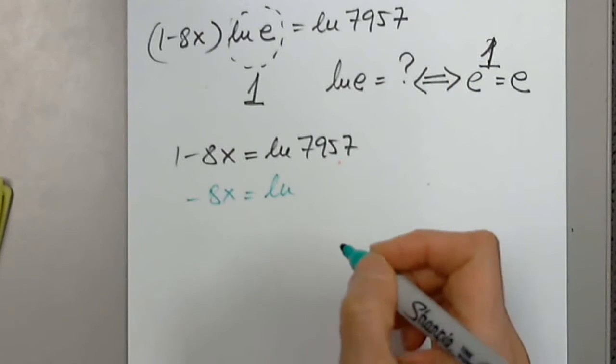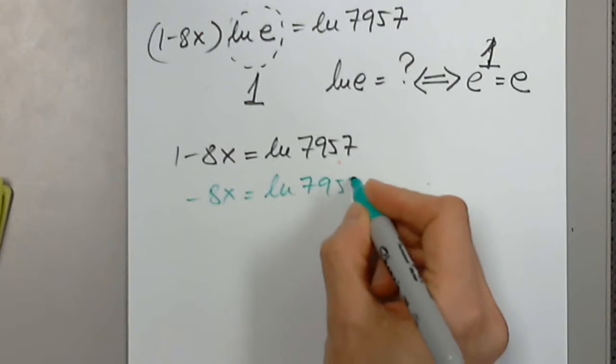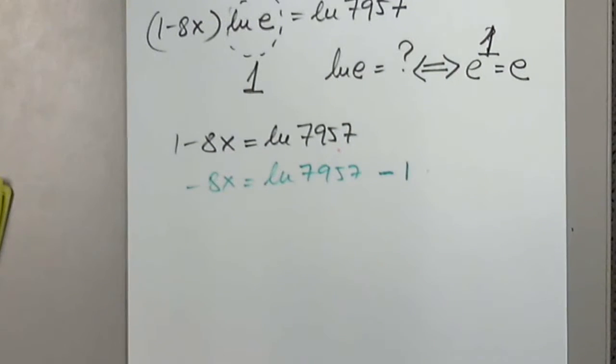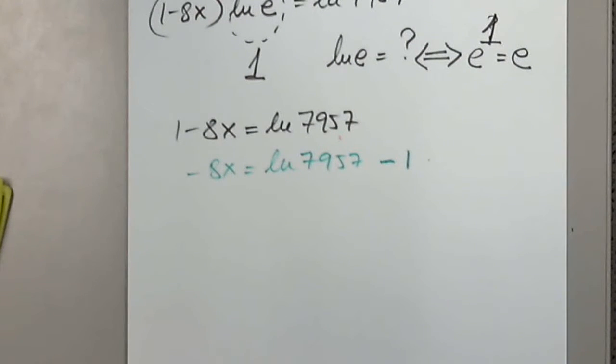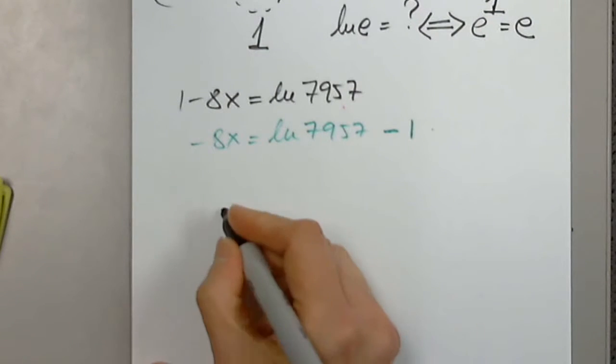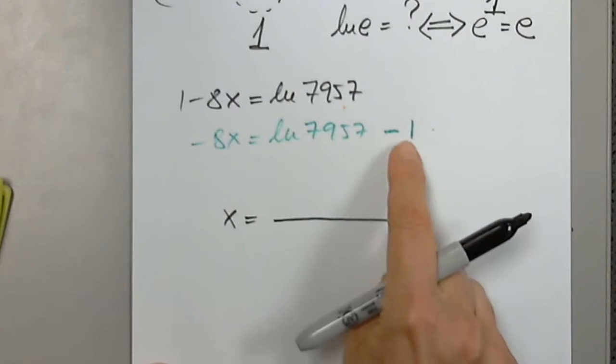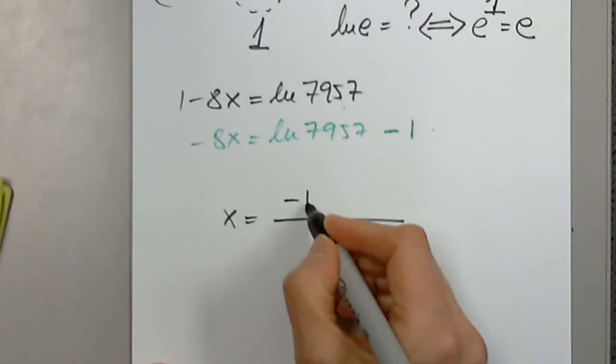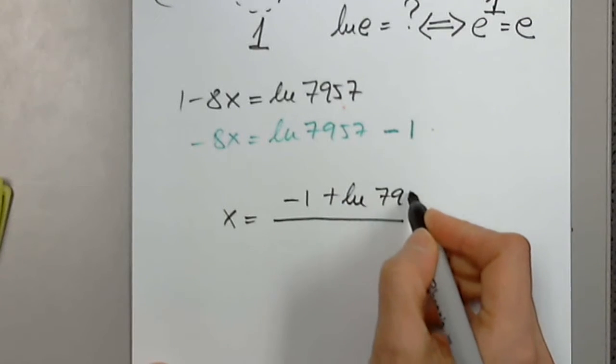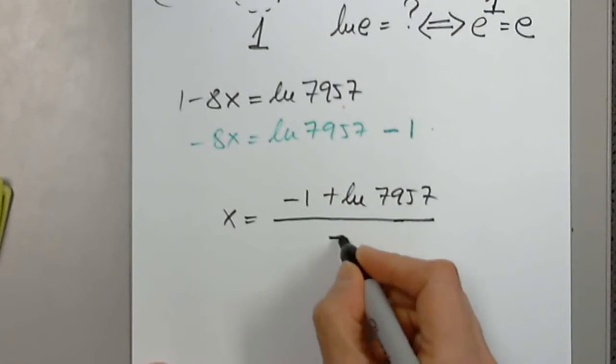I prefer putting negative in front, but let's write it like this for now, not to be confused with natural log of that minus 1. And then the final step, divide by negative 8. Now I'm going to rearrange this as negative 1 plus natural log 7957 divided by negative 8.